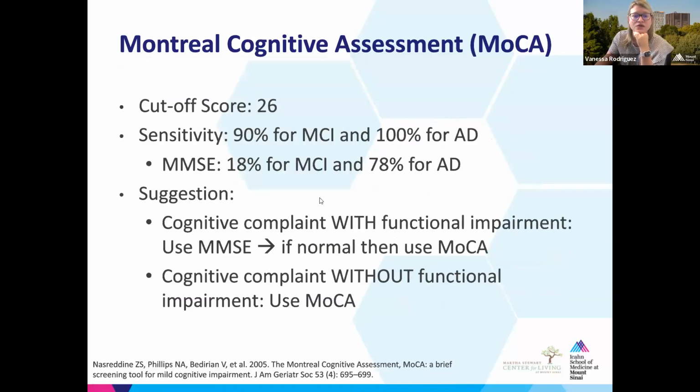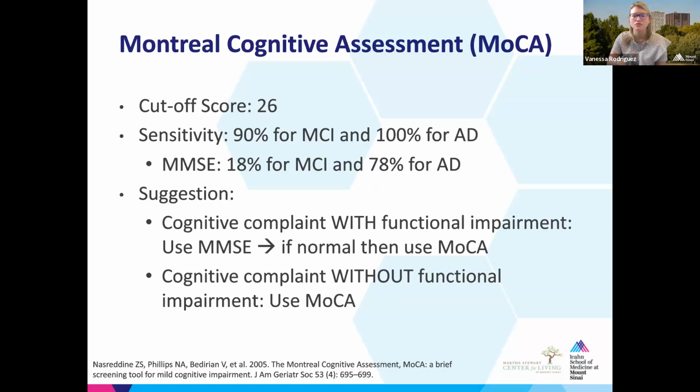The cutoff is 26, so if a person scores below 26, it would be considered abnormal. It has a sensitivity for mild cognitive impairment of 90%, and 100% for Alzheimer's. I think the best function of the MoCA is that it's very good specifically for the mild cognitive impairment element.